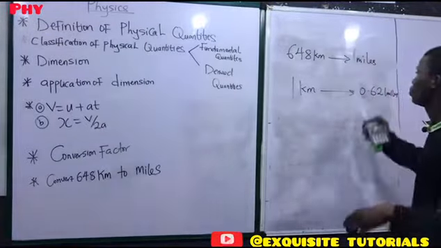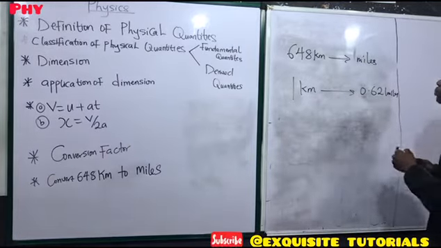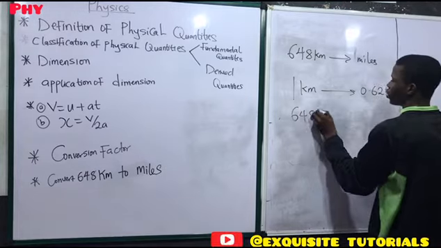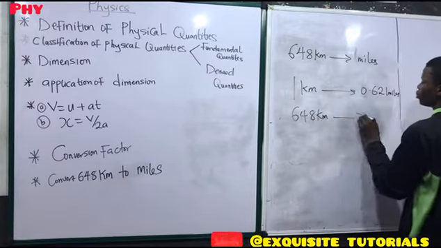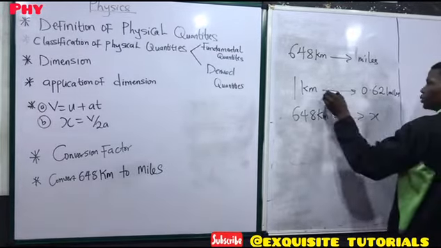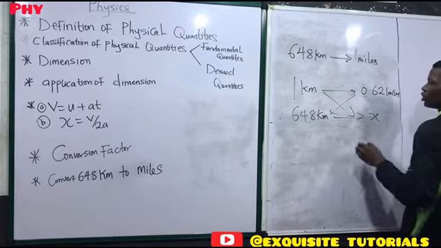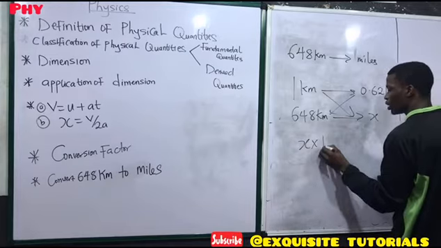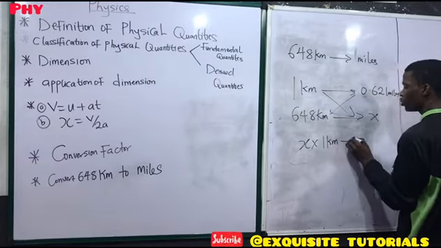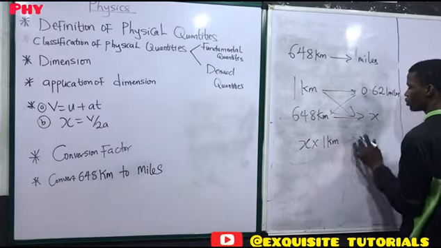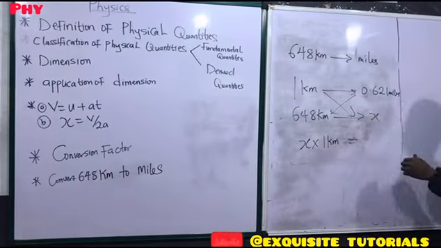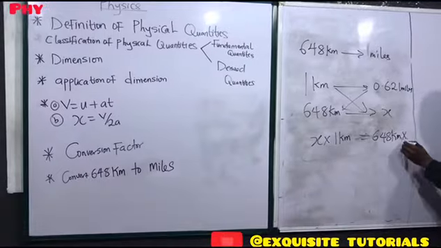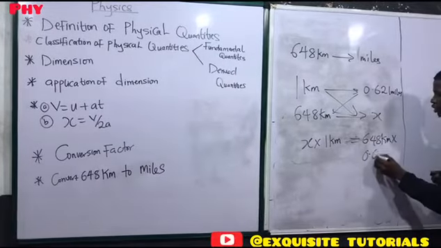So if I put my 648 kilometers equal to x miles and cross multiply, it gives x times 1 kilometer is equal to 648 kilometers times 0.621 miles.